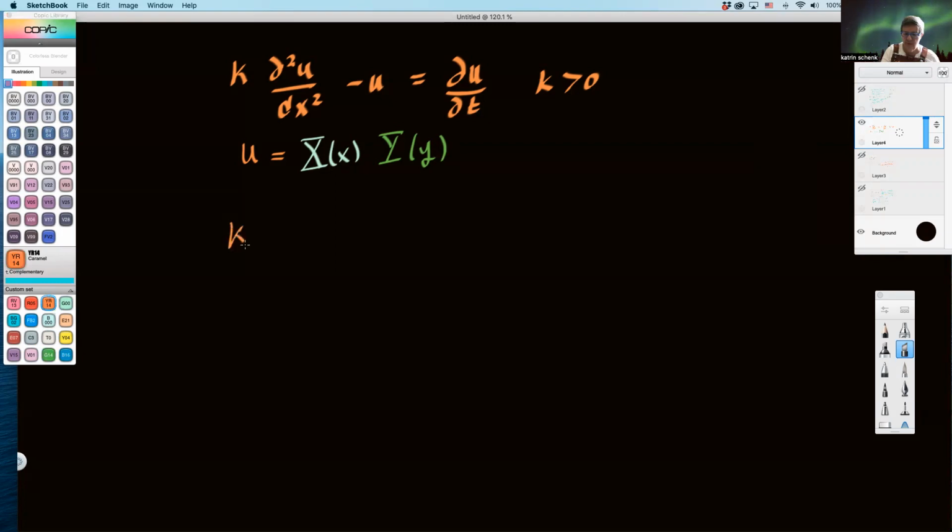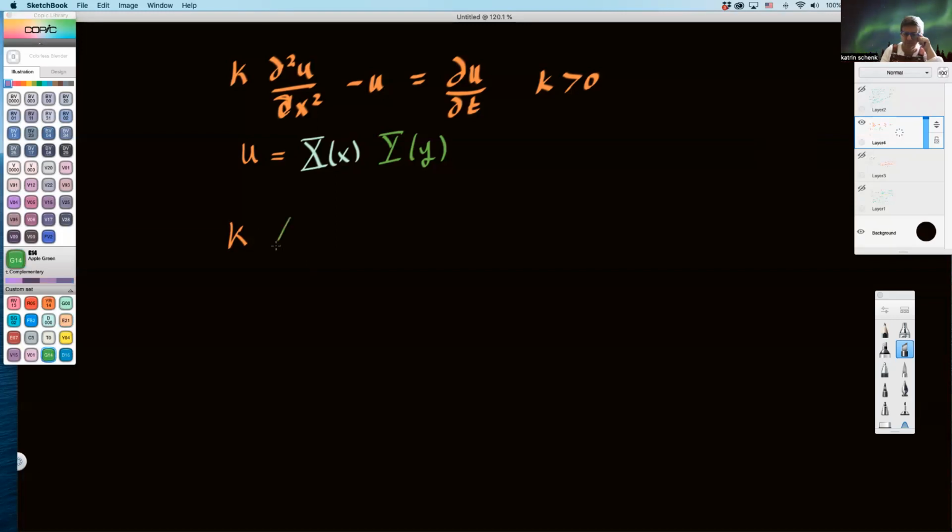Okay, so we have K. And then when we take this second derivative of X times T, I know that you probably know all this, but I'm just going slow. We're only taking the derivative with respect to x, so I can make this a full derivative, not a partial. Right now it's a partial, or it should be a partial. And so I could write this as T just comes right out.